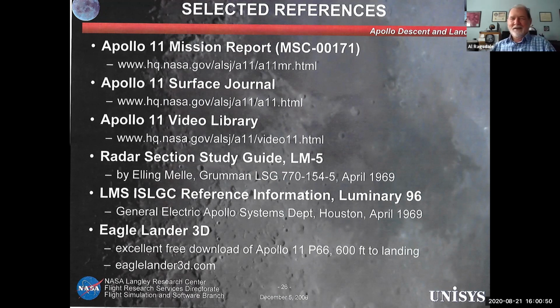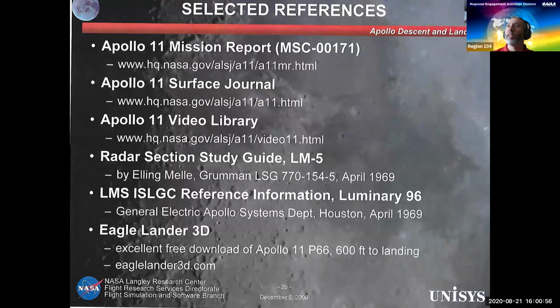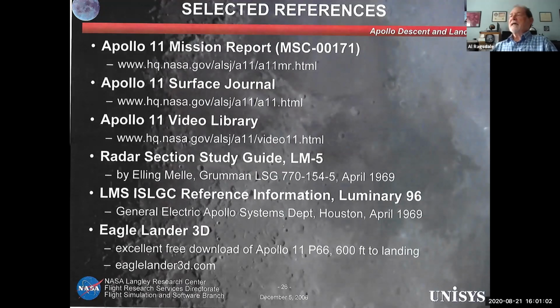Let's see. I think there was a question about the handling quality differences between the descent stage flight and ascent stage flight, including aborts. Okay. The descent stage, because it was larger, more massive, when you fired a jet, it didn't have as much effect, and it had that engine gimbaling to help it. So the descent stage was fairly easy to fly, from what I remember from 50 years ago.